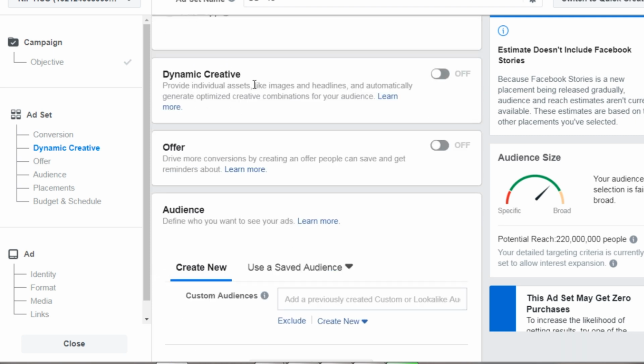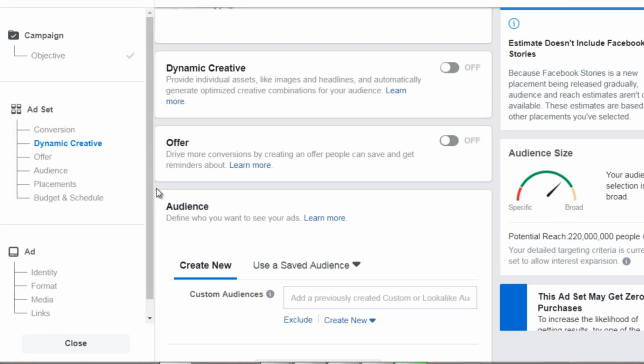Now, what Dynamic Creative is, it says provide individual assets like images, headlines, and it'll automatically optimize. So in layman terms, what that means is, let's say, for example, that you upload in the ad 3 different images, 3 different texts, 3 different headlines, and 3 different call to actions. What Facebook is going to do is it's going to create all different variations of those combinations.